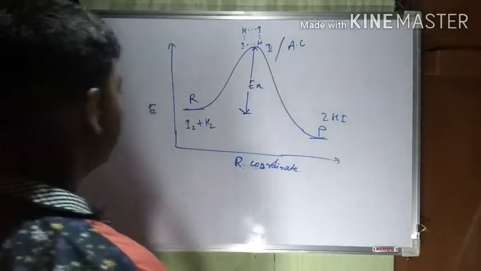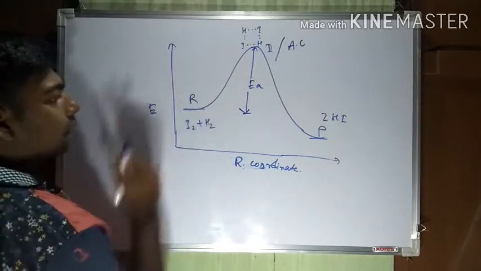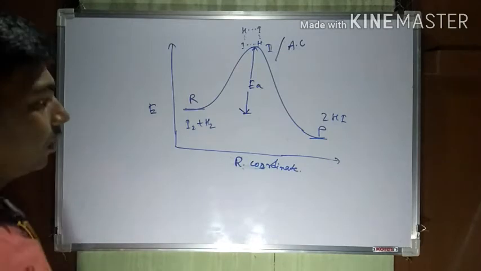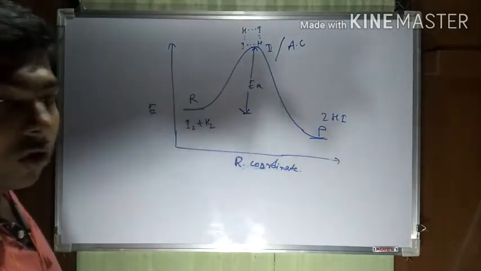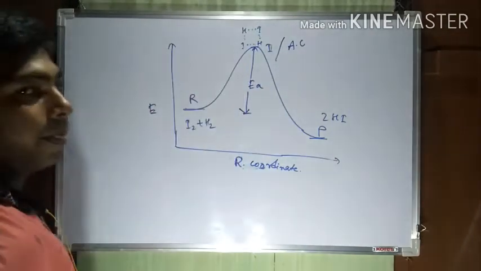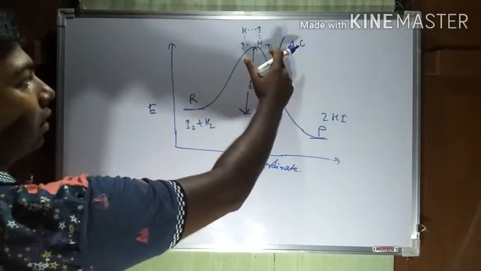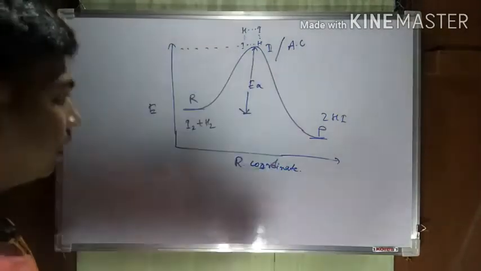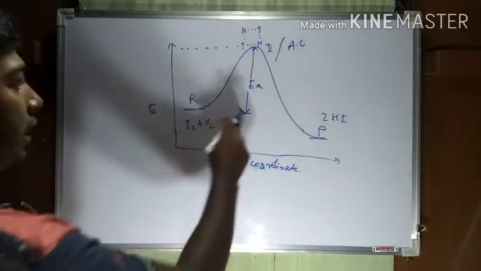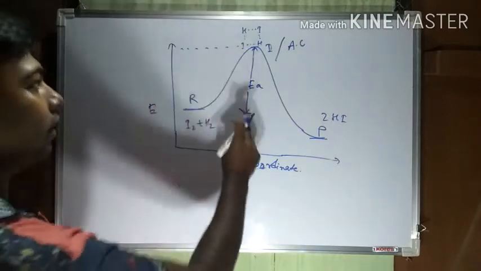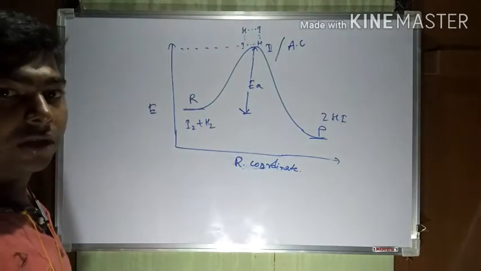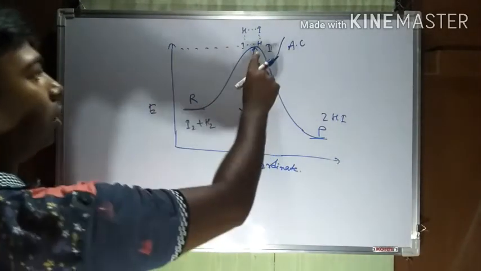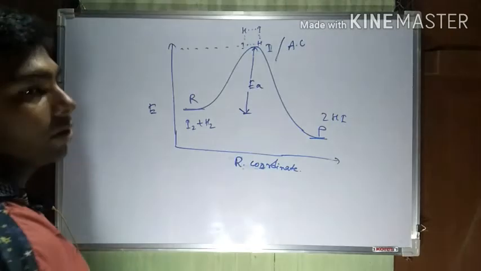Why? Suppose we have this amount of energy, where the reactant molecule is stable. Then the reaction proceeds and the energy becomes a little bit higher. It goes to the intermediate state, having this much energy. In other words, this energy is needed to activate the molecule. This much energy is supplied to activate the molecule into the intermediate state.